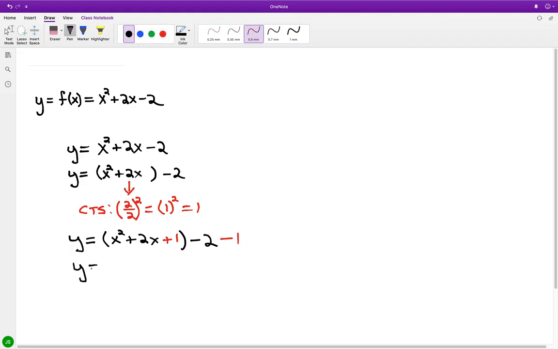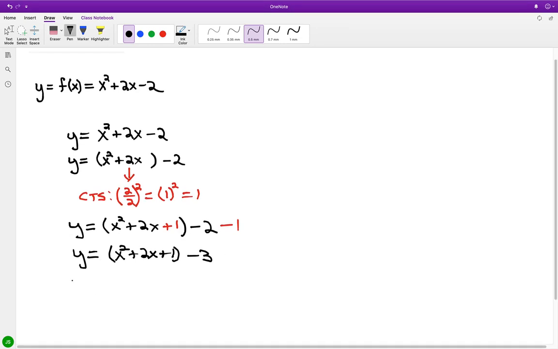So I have here y is equal to x squared plus 2x plus 1, and that's going to be a perfect square trinomial. Negative 2 minus 1 is going to be negative 3.